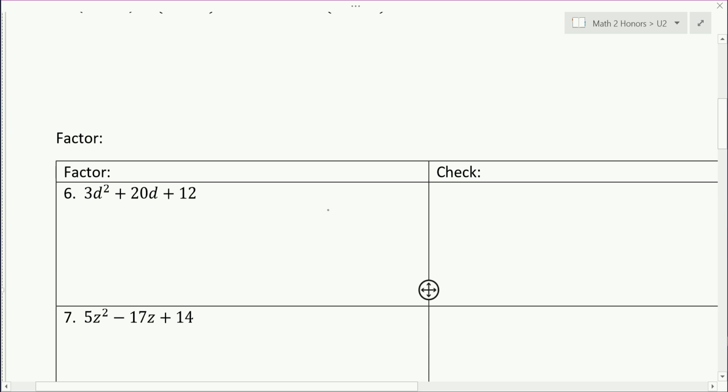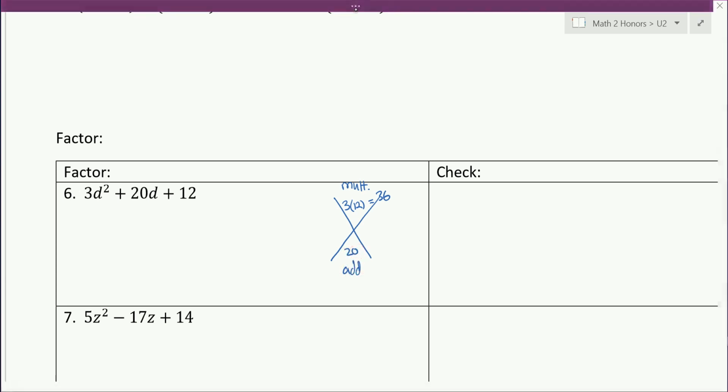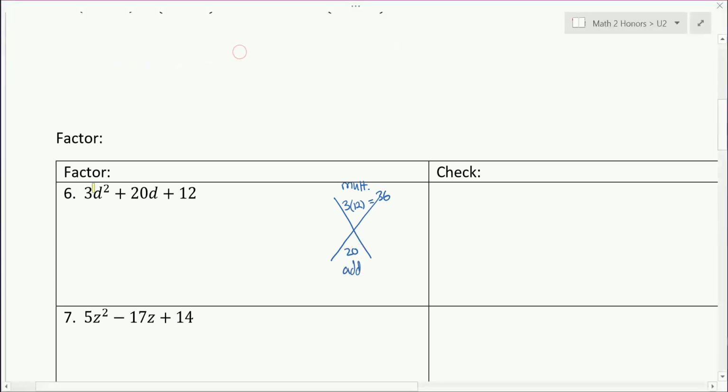So the first thing you do is play a little game, and I'm going to draw an X here, and ask myself, what 2 numbers multiply to 3 times 12, which is 36, and add to 20? Now let me show you where things are coming from. The 3 and the 12 are your leading and your constant coefficients.